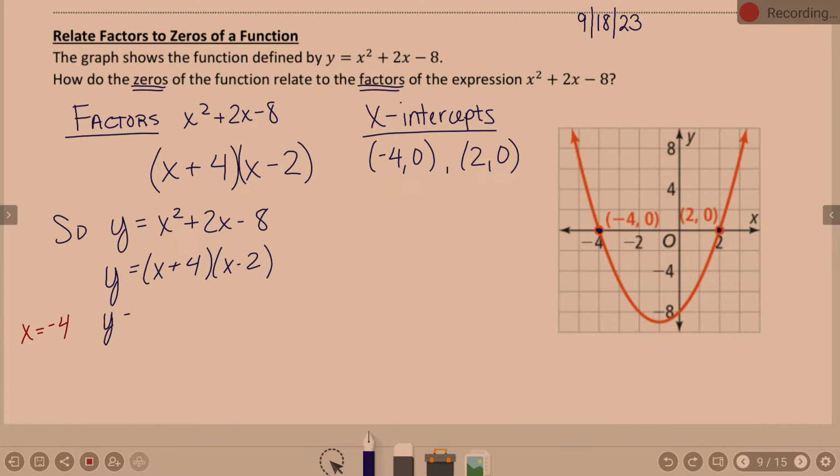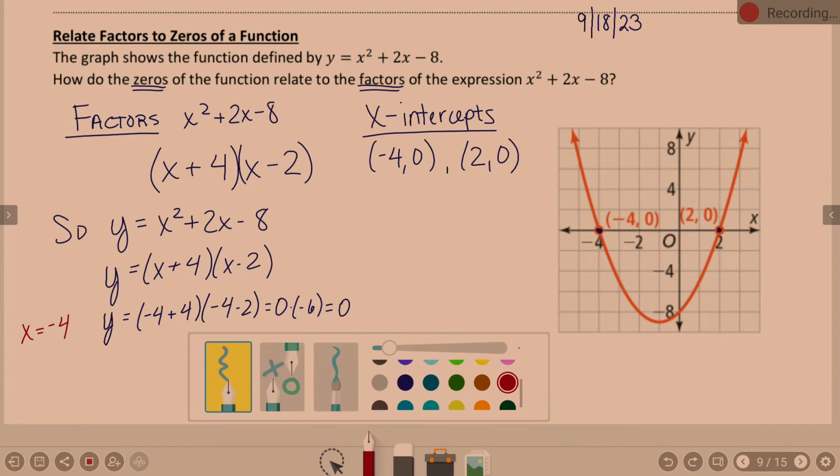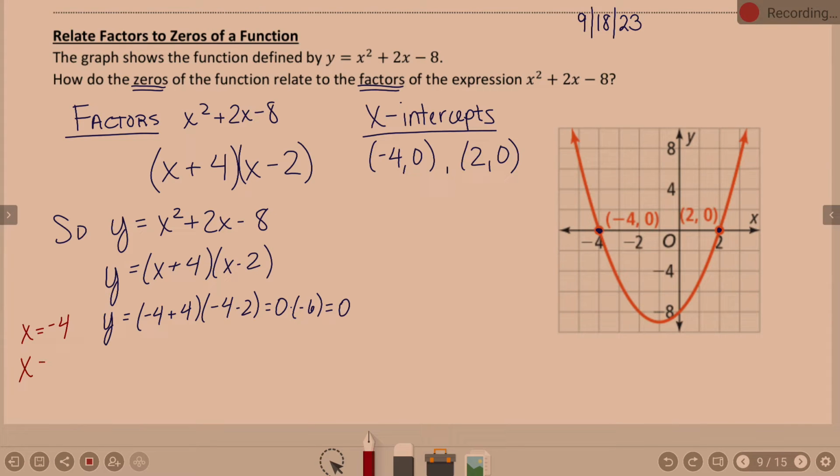I'm going to get y equals -4 plus 4 and -4 minus 2. And what does that become there? -4 plus 4 is 0. -4 minus 2 is -6. 0 times anything is 0. What if I put the other one in? And I promise, there's a point I'm trying to make here.